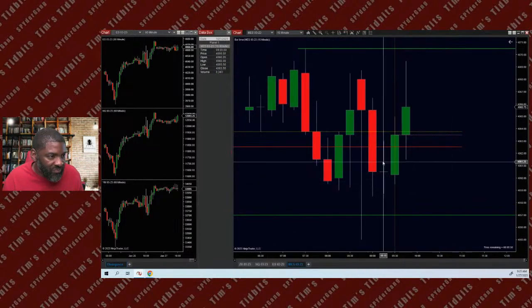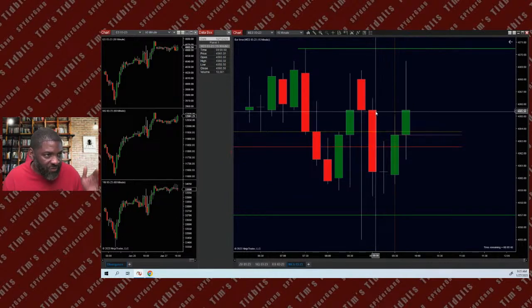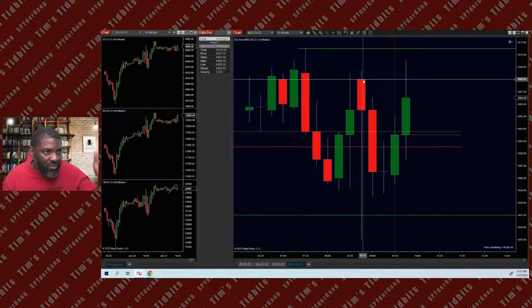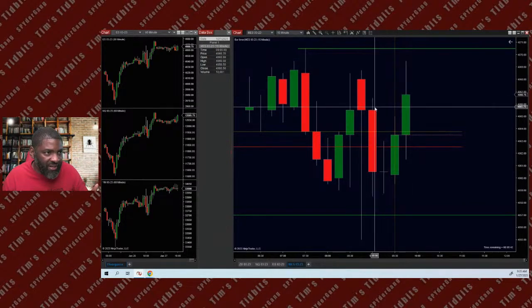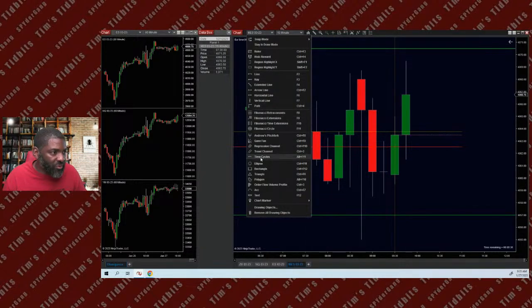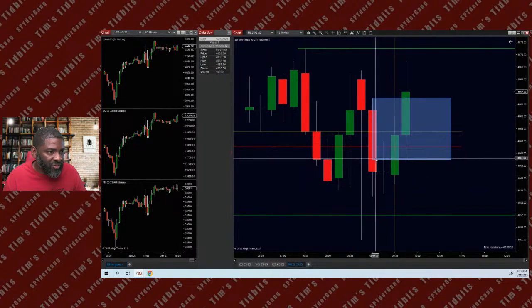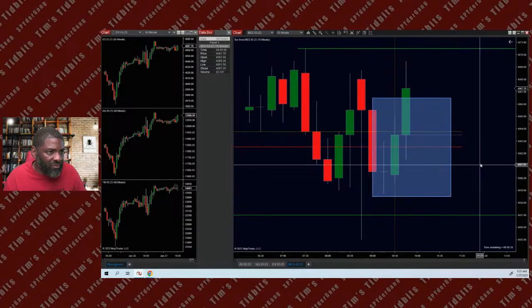Okay, so 8:45 for TradingView would be this candle right here, right? And now that we've broken through that high, this right here is technically a bullish order block. We've broken through this candle's high, so technically this is a bullish order block.